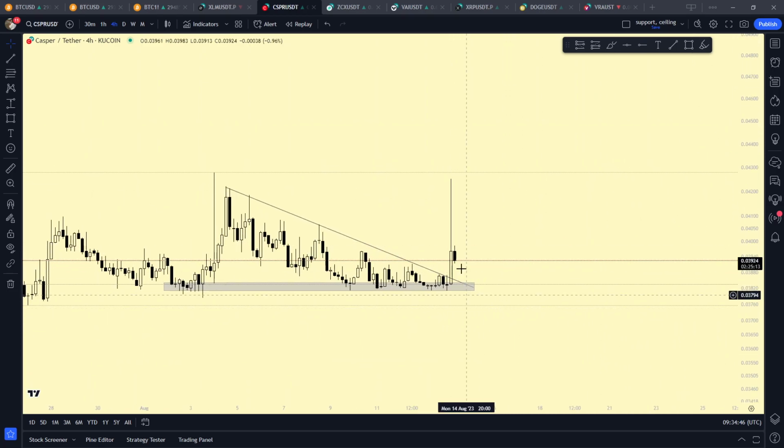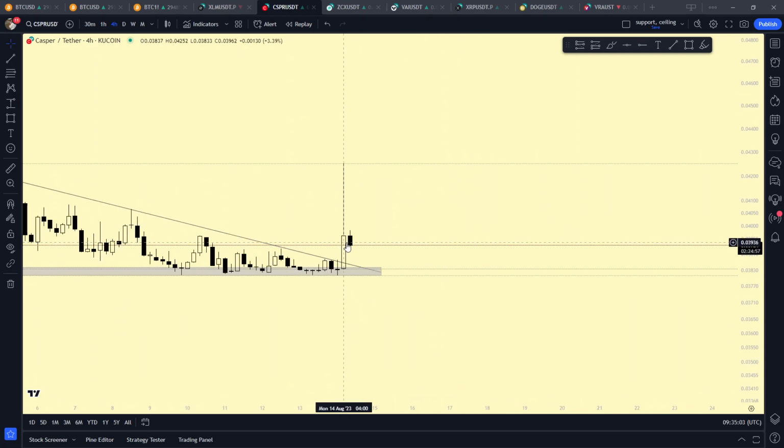I really am not sure if this is going to be a fake out. I mean, it looks like one because price immediately retracted downwards from almost 11% to like a 3% range. And you see the candle behind it was immediately a black one, like a red one. We can try and take a fib here.